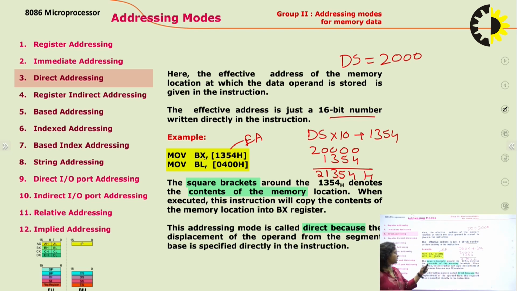The square bracket represents the content of the memory location, whereas if there is no square bracket, then it represents immediate data. In a similar way, we can also calculate the effective address of 0400. Considering the same data segment, the physical address will be 20400. You can easily calculate this using the same logic.